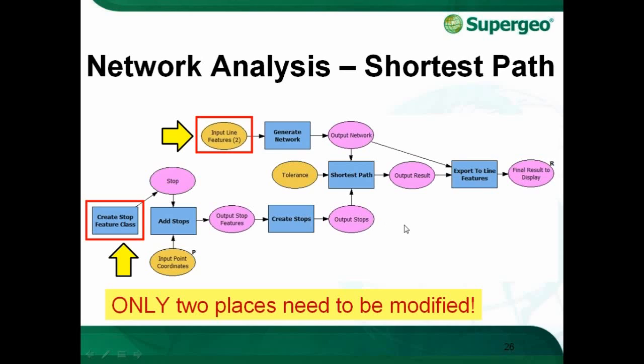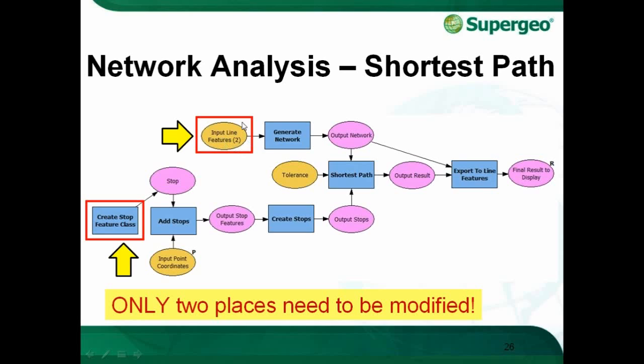As for the result, after calculating the shortest path, the result is not yet in vector format. Therefore, it needs to be exported to a new line feature layer. Finally, the line can be shown on the map. The concept of this workflow is easy. Best of all, you just need to change only two places on this workflow in the sample SGD file. One is here.